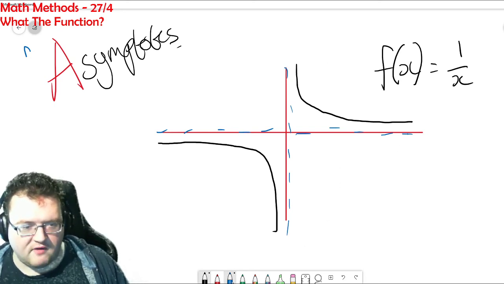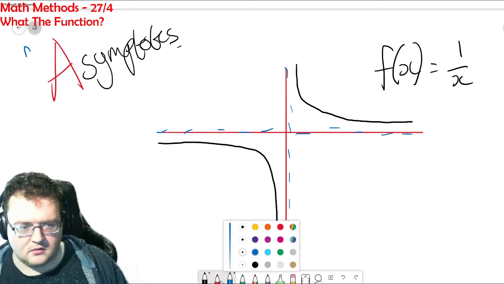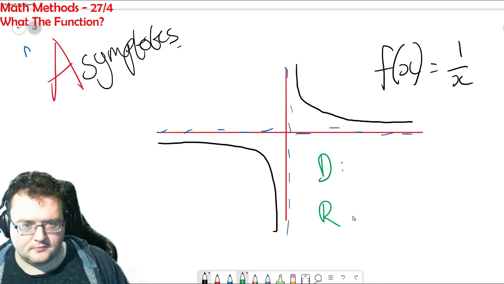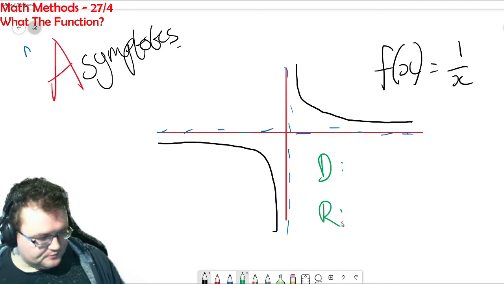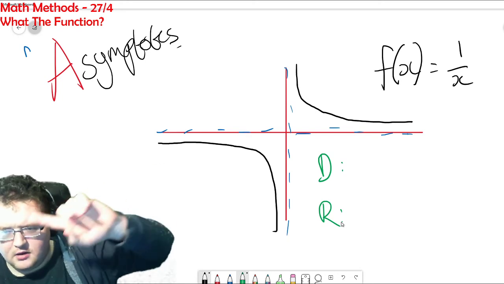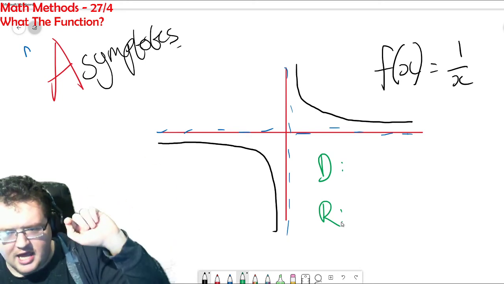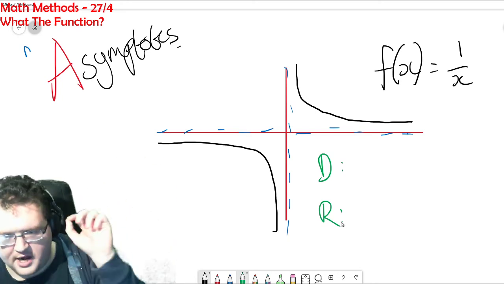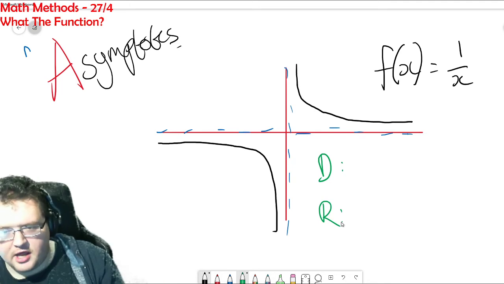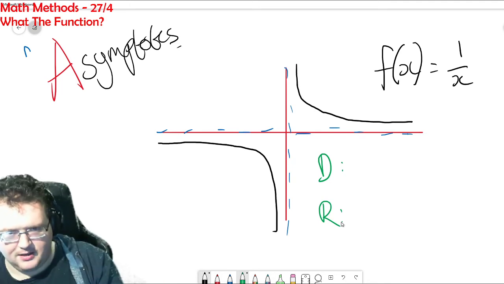Now, how would I represent this with function notation? Domain and range. I can have any value I like, except one number.